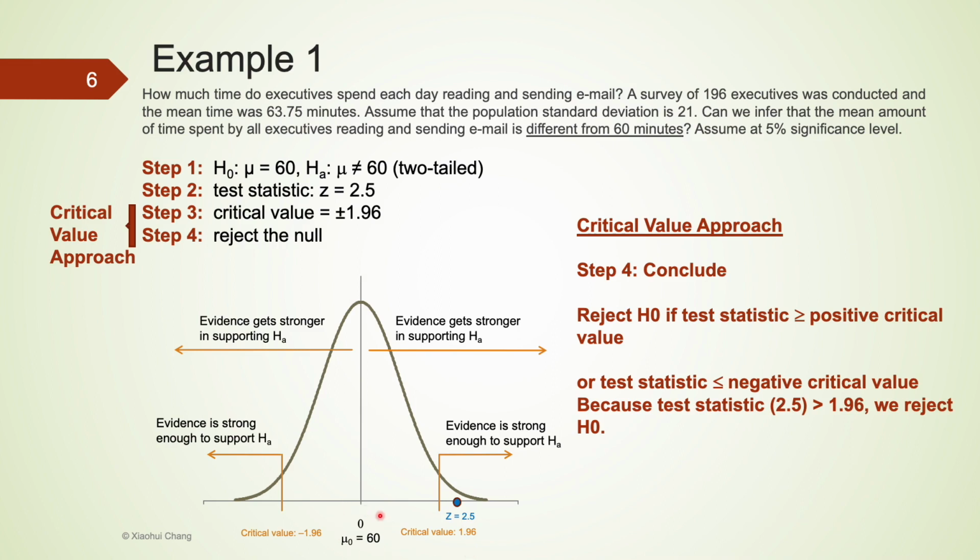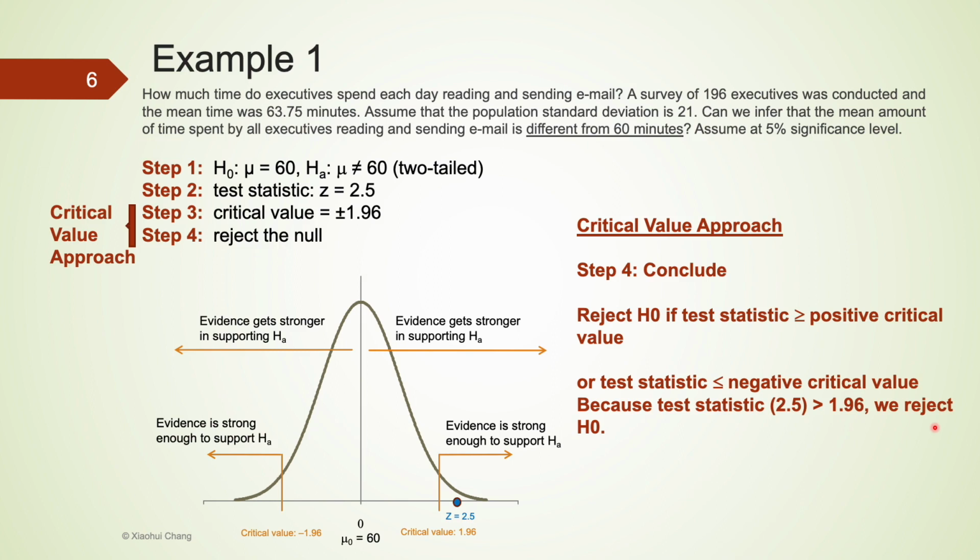Because the null is right here, we are looking for evidence that our test statistic is further away from the null compared to the cutoff values. Our test statistic is 2.5, and the positive critical value is 1.96. So the test statistic is indeed more than 1.96. That means the test statistic, the evidence from our data, is further away from the null than the cutoff value. So we reject the null.